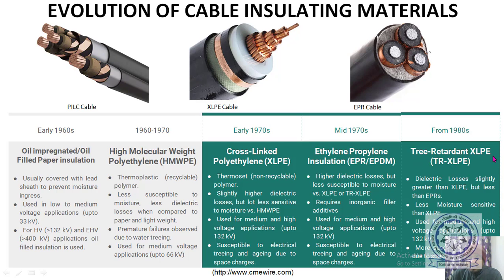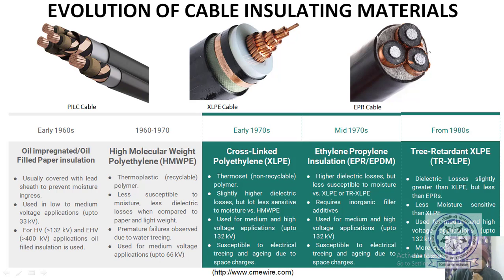Then tree retardant XLPE, TR XLPE. Its dielectric loss is slightly greater than XLPE, but less than EPRs, and it is less moisture sensitive than XLPE. Used for medium and high voltage applications up to 132 kV or more, but it is more susceptible to aging due to space charges.